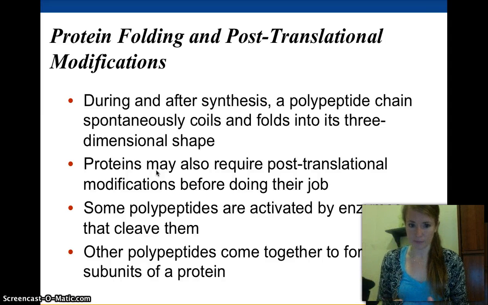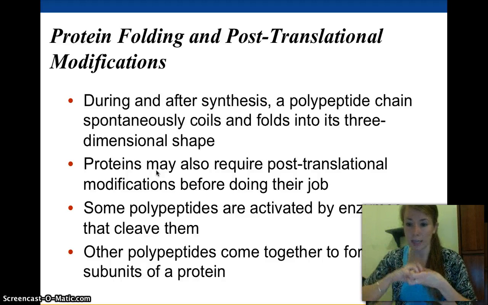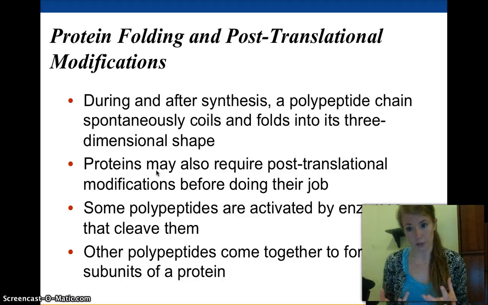For example, insulin is made from one polypeptide chain, but what happens is there's a middle portion that gets cut out, and now we have 2 polypeptide chains, but those 2 polypeptide chains, because we cut it in half and took out a little piece, then join together, and the insulin has quaternary structure.